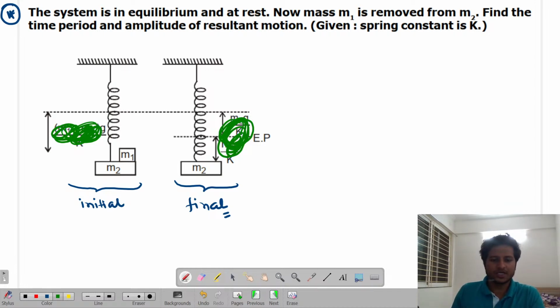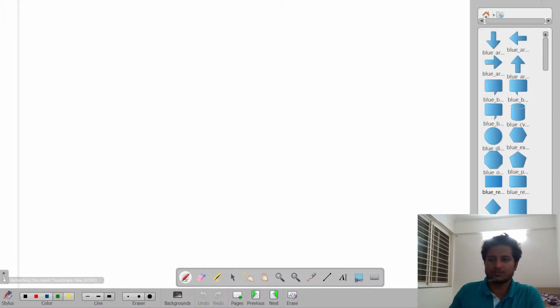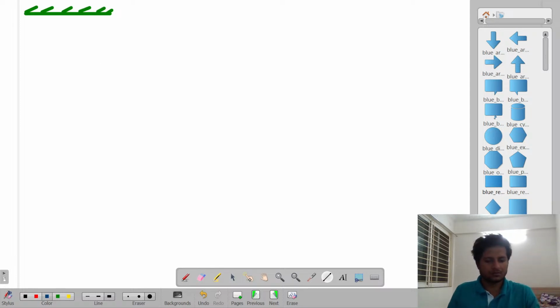Did you draw this diagram? No? I'll draw the next diagram, I'll try to make it a perfect diagram.